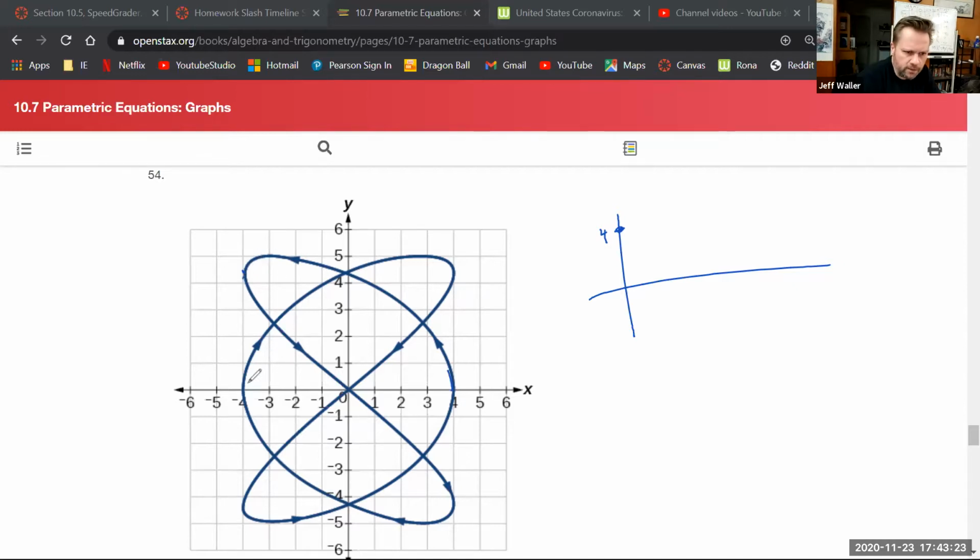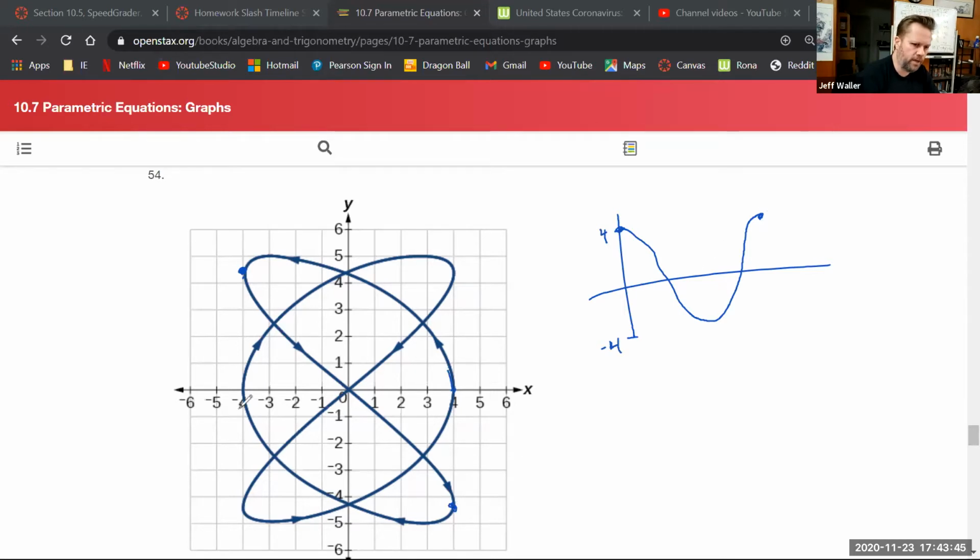I'm sorry, where am I at? Yeah, right there. Starts at 4, it gets down to -4. And then a whole cycle would be once it gets back up to 4. That would be one whole cycle. So if it starts at 4, gets down to -4 there, and then it gets back to 4 here. So that's one whole cycle so far.